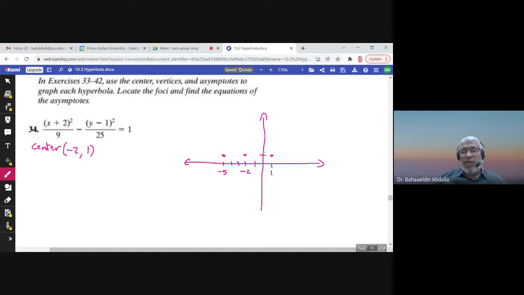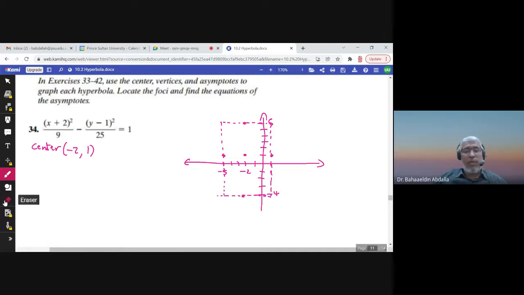And 5 units up. So this is 1. When I add 5 units, I reach 6. And 1, 2, 3, 4, 5, so I reach negative 4. And I can draw the fundamental rectangle as dashed line.